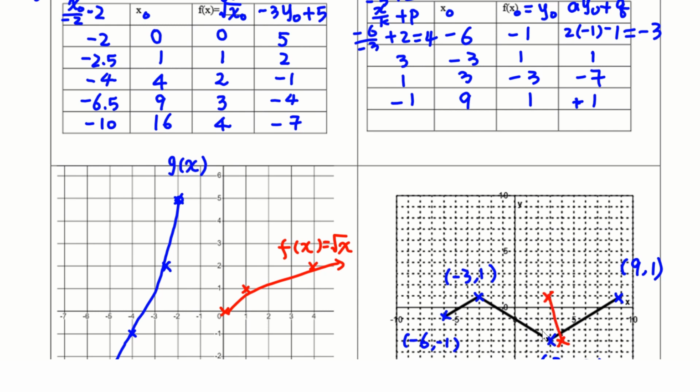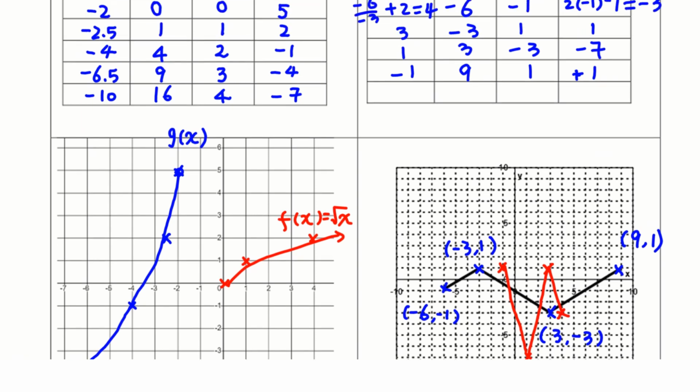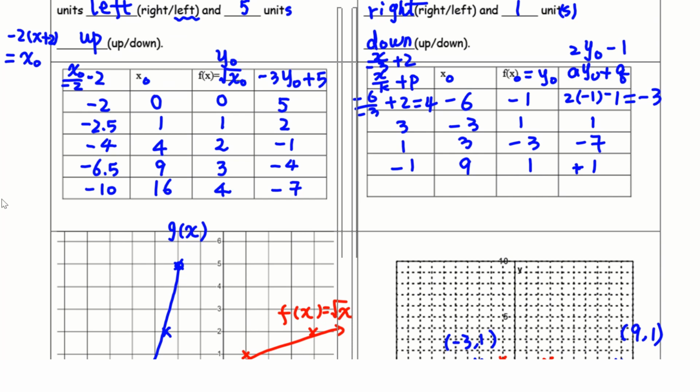So this is one line segment, and (1, -7). And (-1, 1). It's done. So this is after transformation, the new graph.